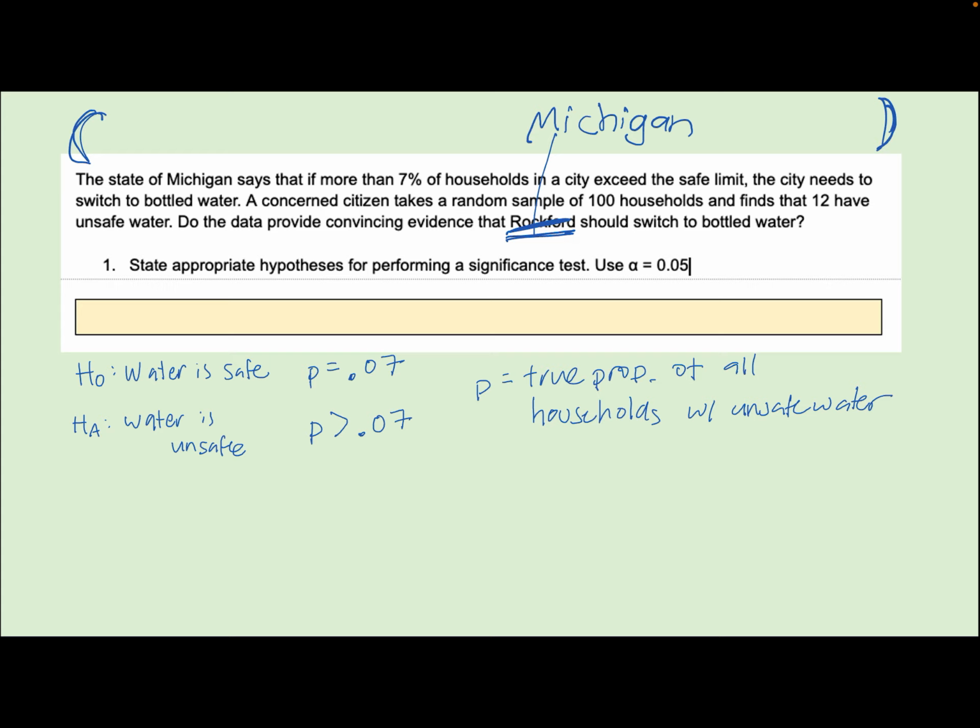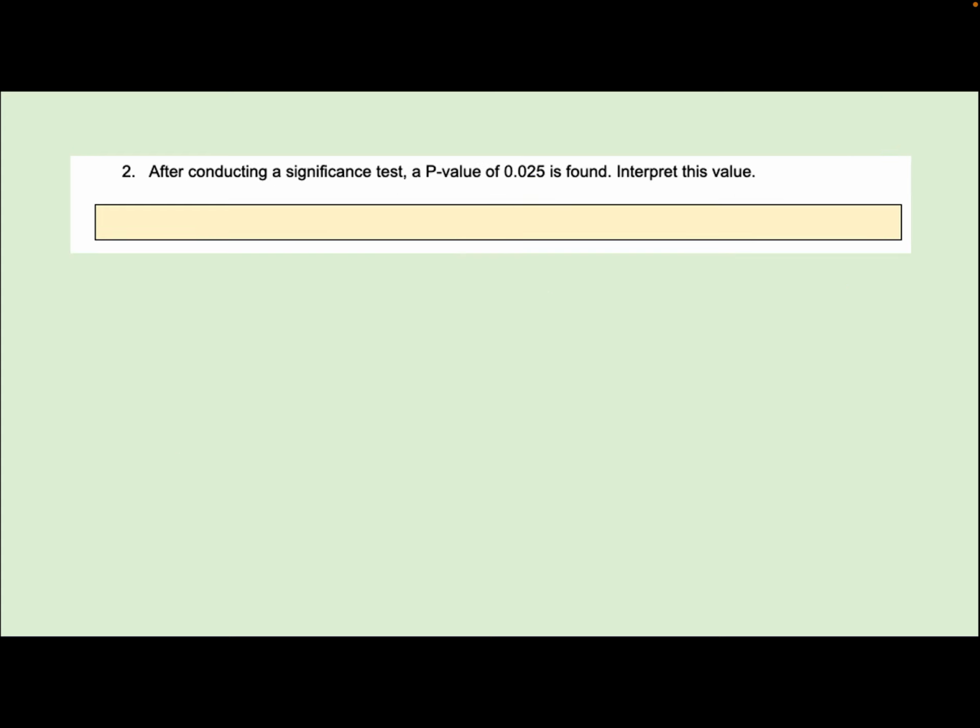All right, next question. After conducting a significance test, and that's that whole state, plan, do, conclude process, a p-value is found of 0.025. Interpret the value.